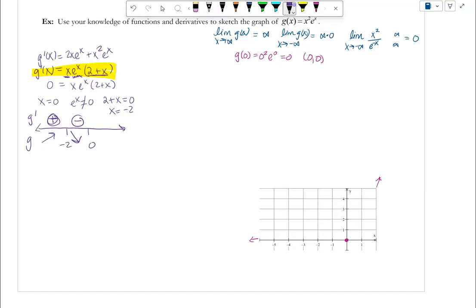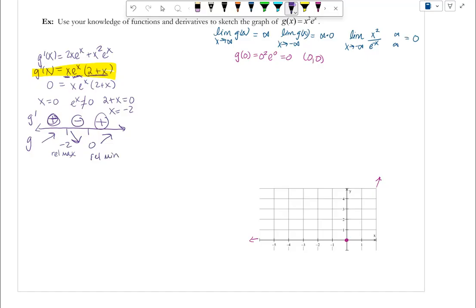And then when I plug in a positive number on the right side of 0, let's say 1, I get a positive times a positive times a positive. So g is increasing. So we have a relative max at x equals -2, a relative min at x equals 0. I was just looking at the wrong arrows when I said that.